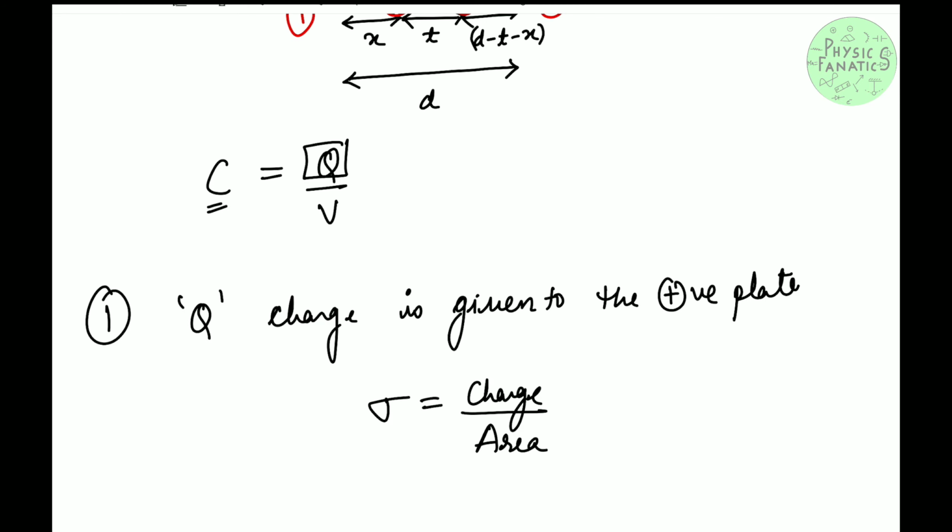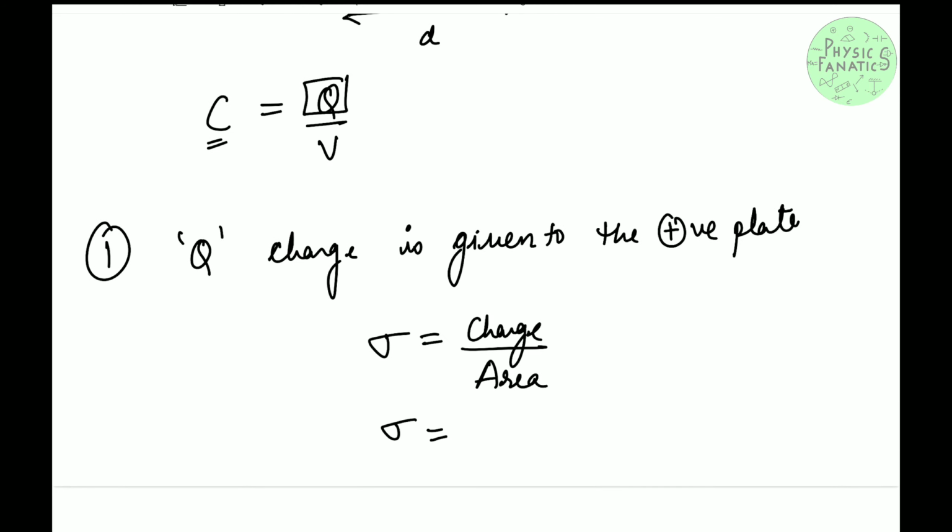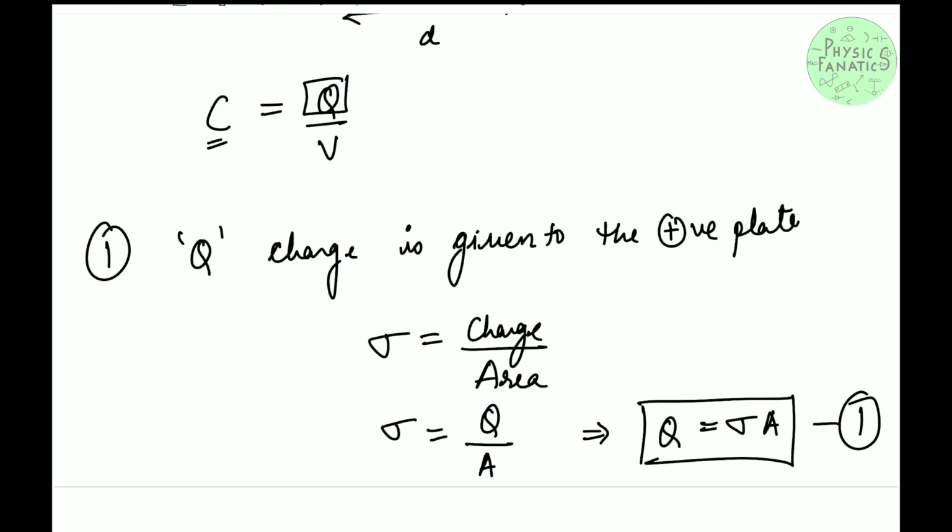So sigma will be equal to how much charge I have given, which is Q, and the area of cross section for my plates is A, right? So I can simply write here, my Q will be simply equal to sigma times A. This is my equation number 1. I hope you guys can understand that. Is that a yes or no?